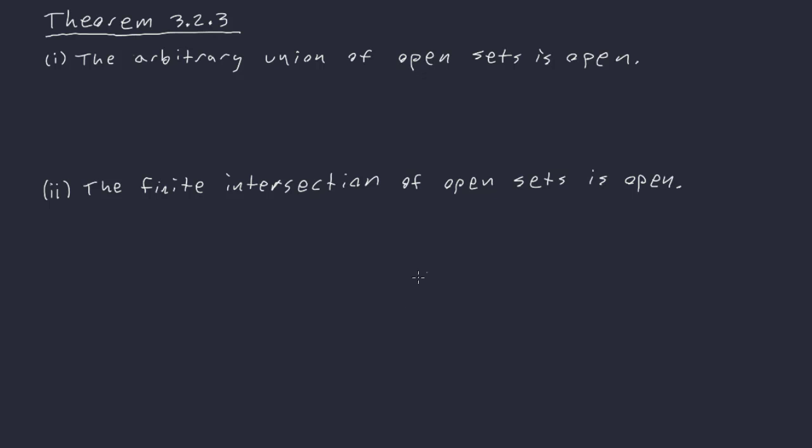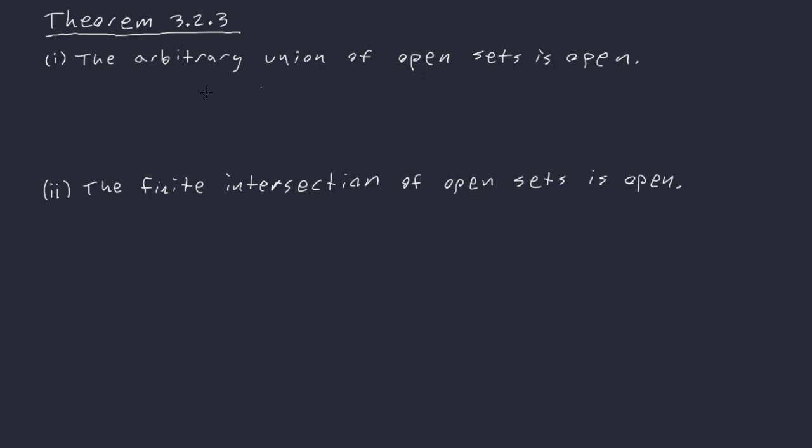Okay, so this brings us to theorem 3.2.3, which has two parts. The first part says that the arbitrary union of open sets is open, and part 2 says the finite intersection of open sets is open.